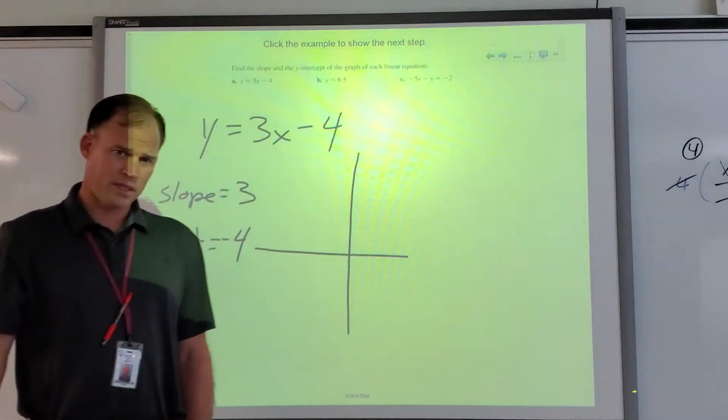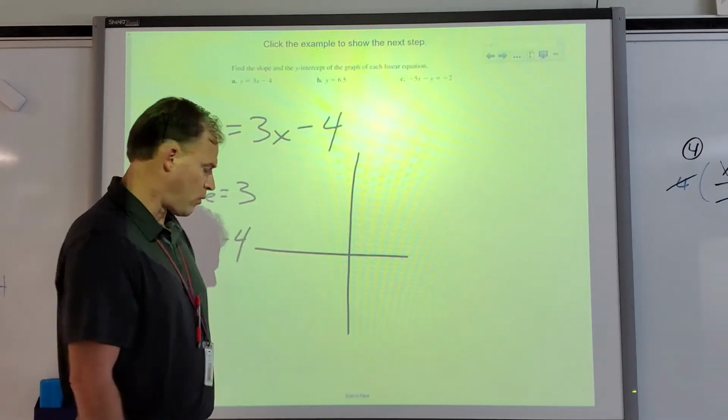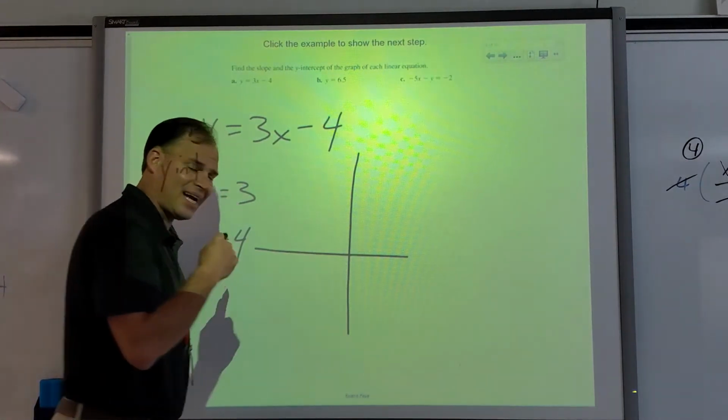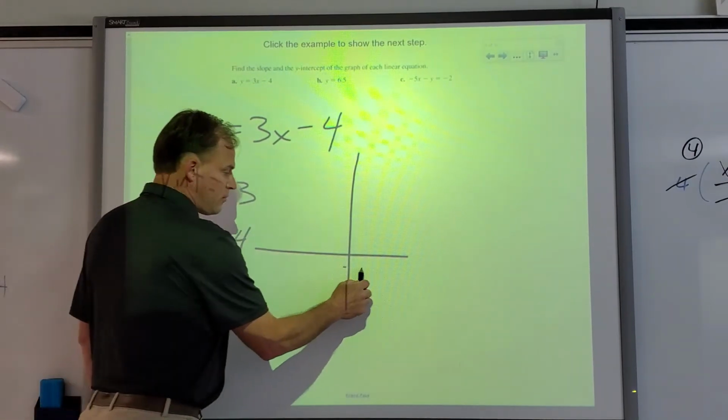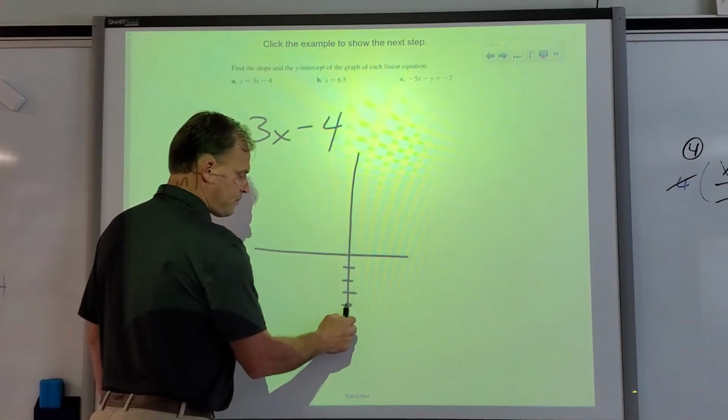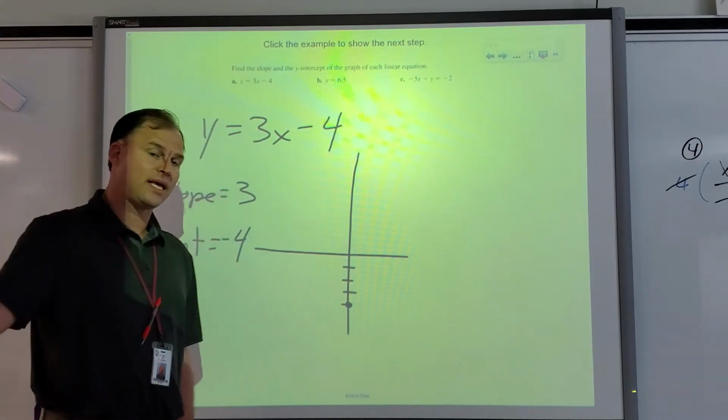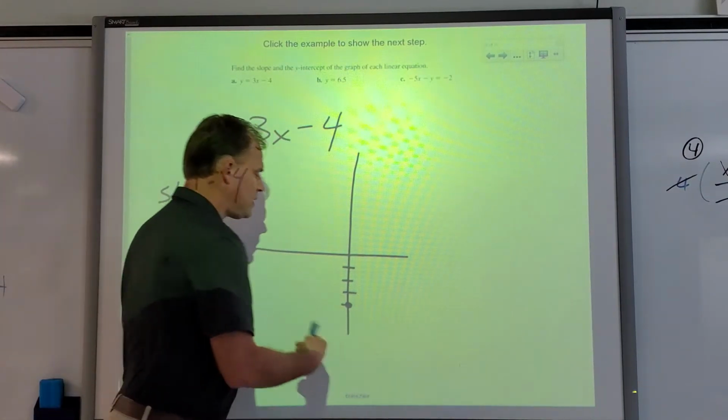I know the slope is 3, the y-intercept is negative 4. When I want to graph this line, I need a starting point. The y-intercept gives me my starting point. I don't have to plug in anything. I just know it by looking.